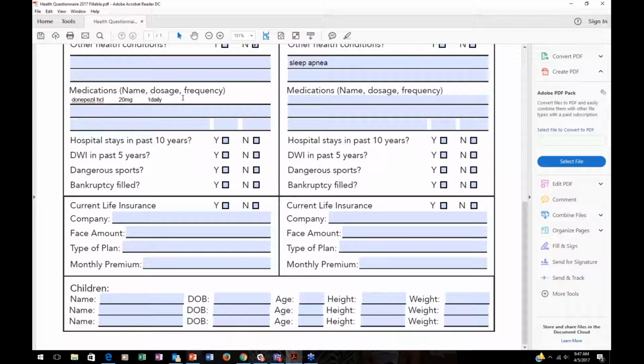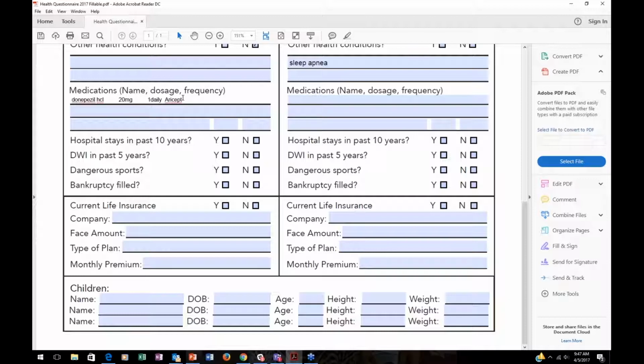But actually, this is for Aricept. That's the brand name for the medication itself. I'll let you look that up for your own homework today on the rx.com site.